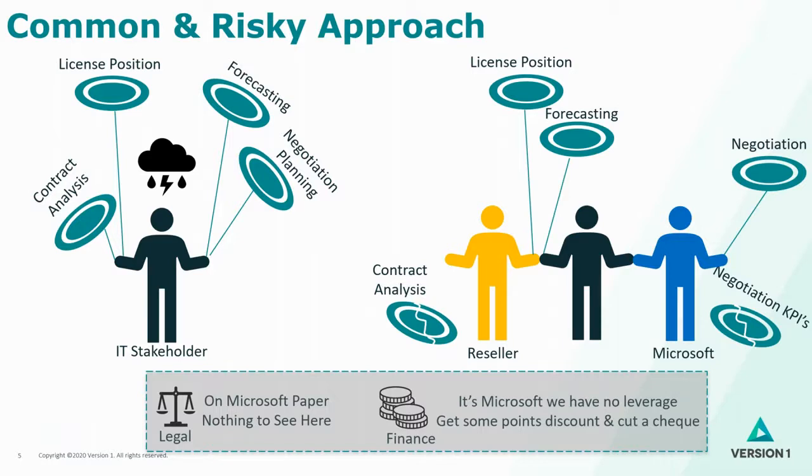So in that scenario, a lot of what we'll talk about in the duration of this presentation will somewhat go out the window, because ultimately you're being guided by those that may have a commercial interest in you renewing in a specific type of way.